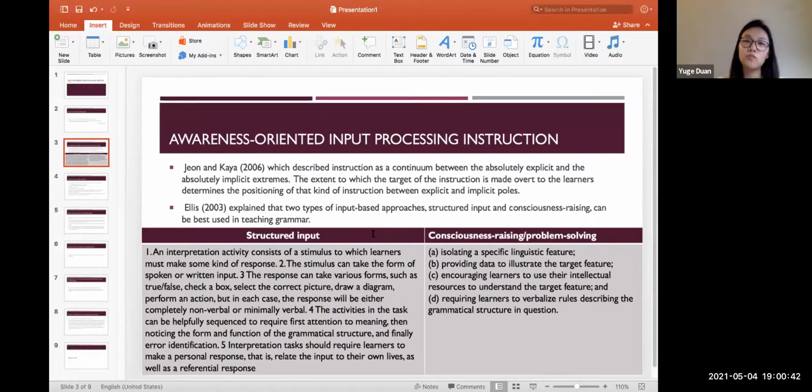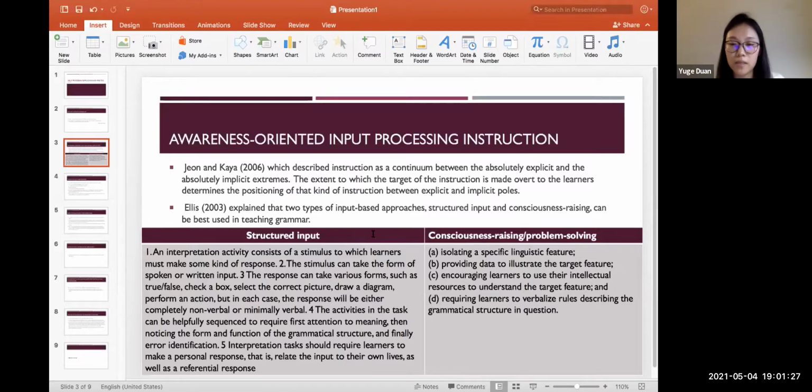So the student's response can be really varied, and teachers and researchers can determine which response is appropriate according to the context. In this approach, the first attention is related to meaning, and then students need to notice the form and function of the grammatical structure, and finally, error identification will also be stressed here. Okay, so this is the first type of input-based approach.